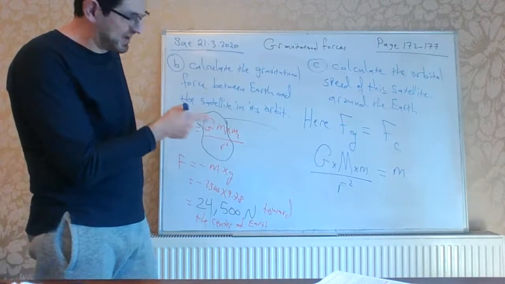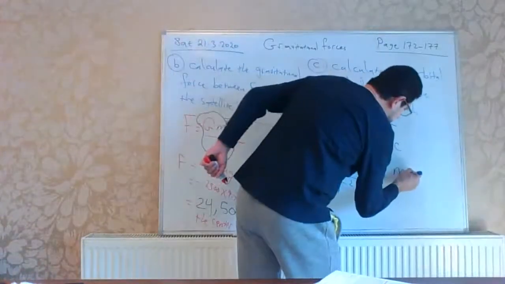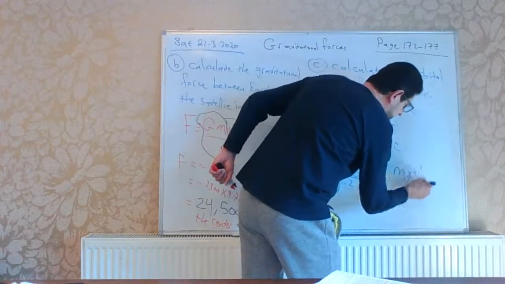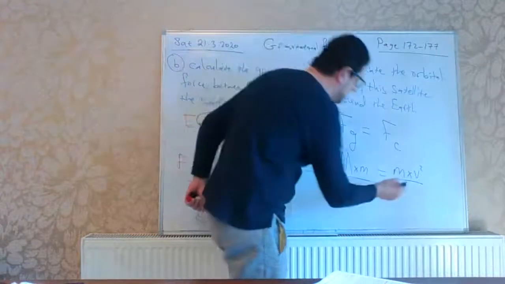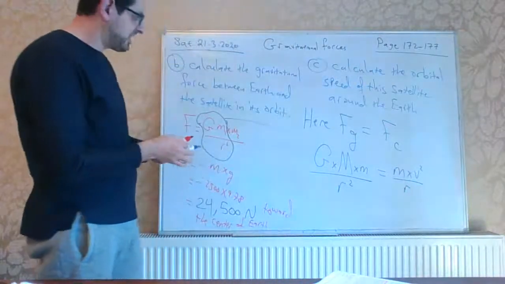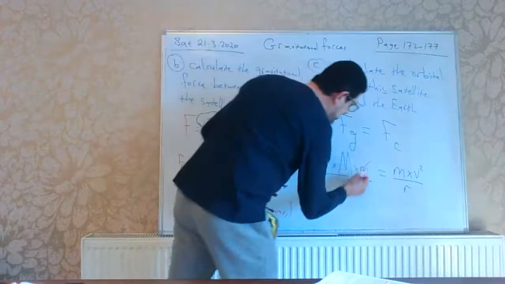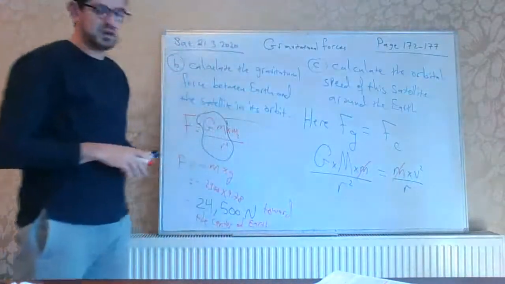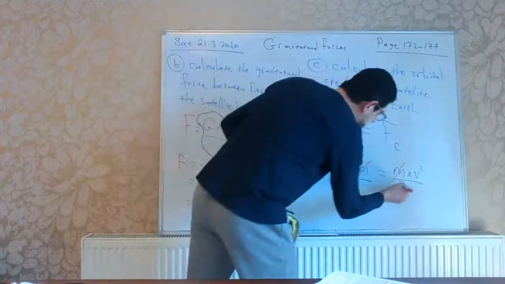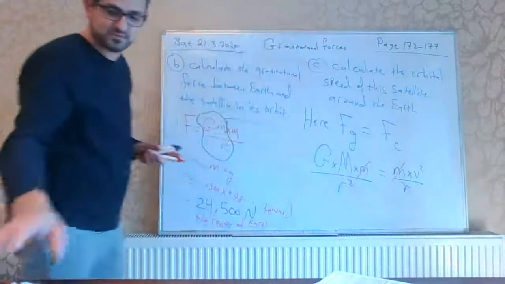The mass of the satellite, m small letter, times the speed squared, this is the orbital speed, over r. Now, simply, m small letter cancels out, and r squared cancels with r.